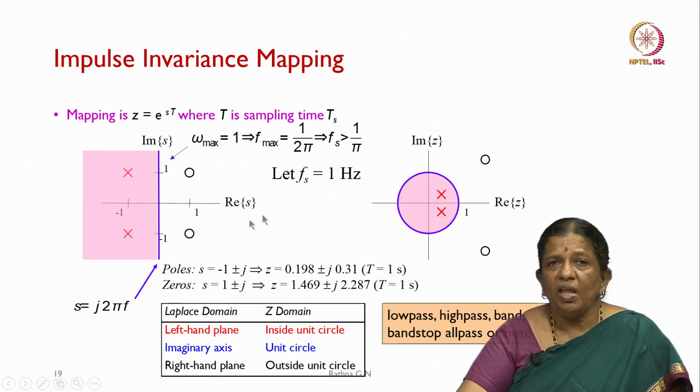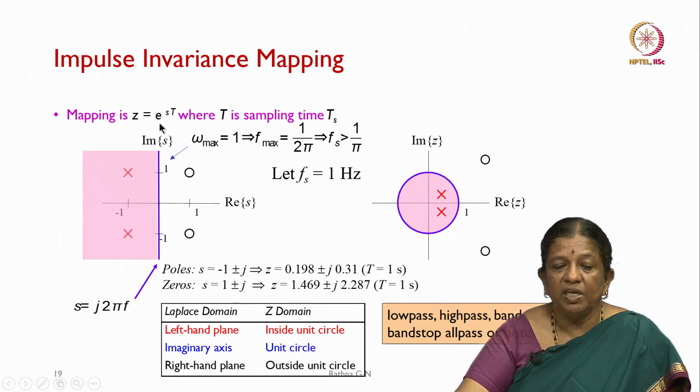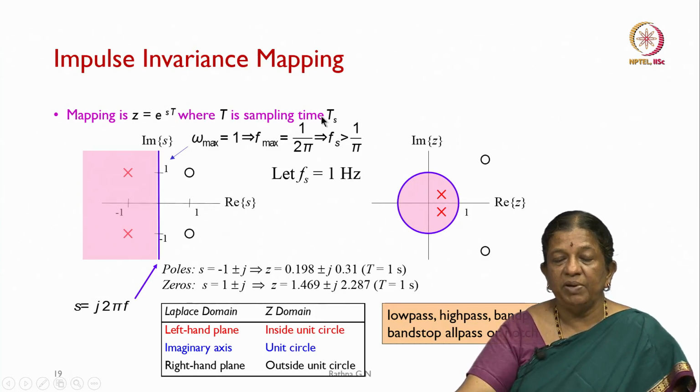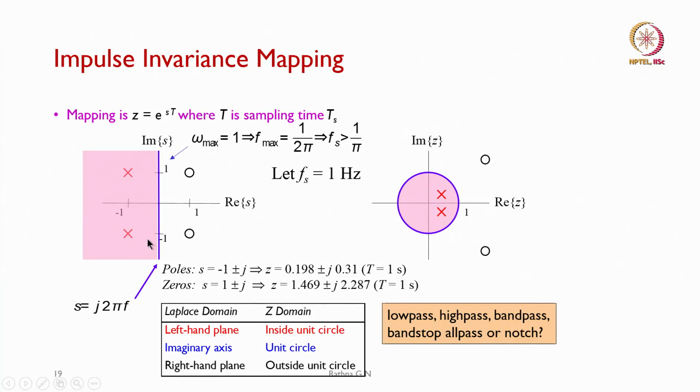Coming to the mapping, how does it happen in impulse invariance? The mapping is z equal to e power sT, where T is the sampling time. We see the real axis and the imaginary axis.